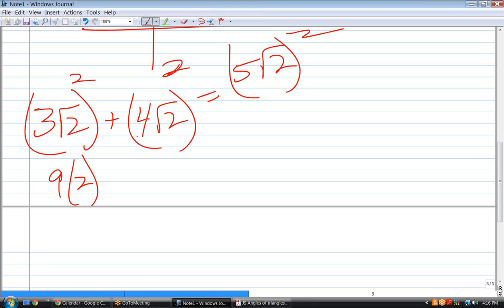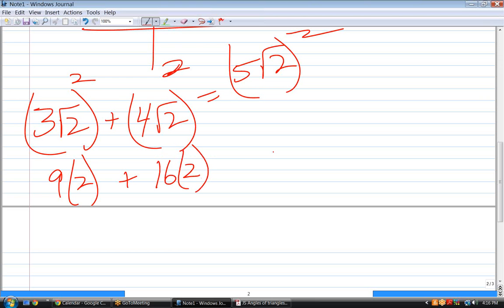Okay, so what is 4 root 2 squared equal to? 16 times 2. And what is 5 root 2 squared equal to? 25 times 2. Okay, now let's see if this is a true statement.